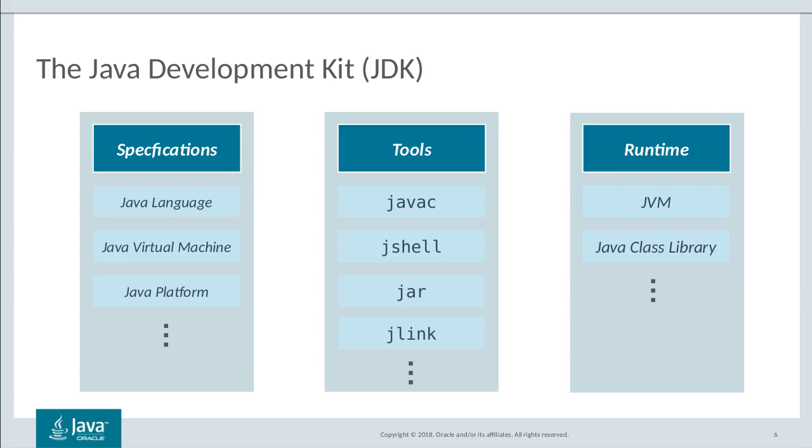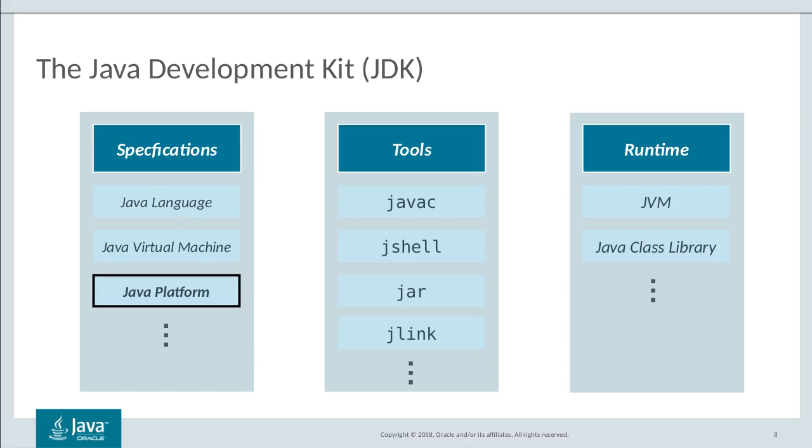When there is a major release of Java, such as JDK 10, there are updates to many of these parts. For example, in JDK 10, the Java language specification was updated, and the most notable feature was the introduction of the local variable type inference that you probably have heard about. The Java platform was also updated.